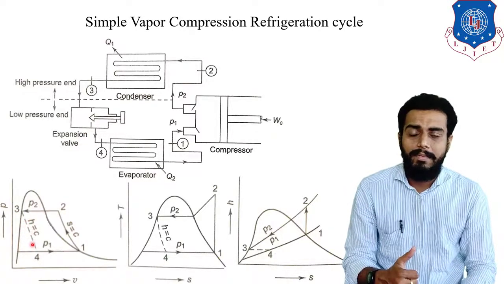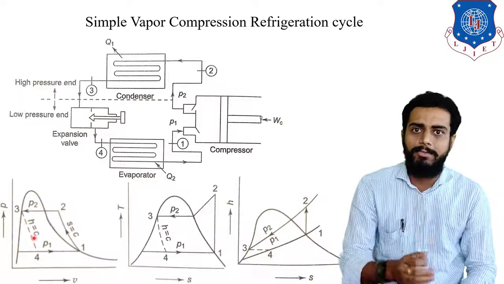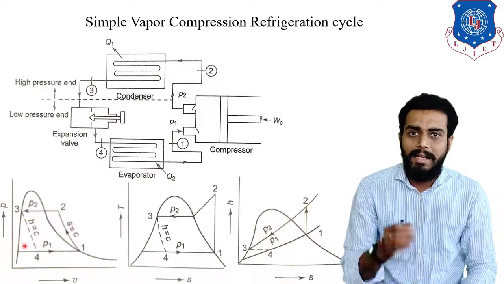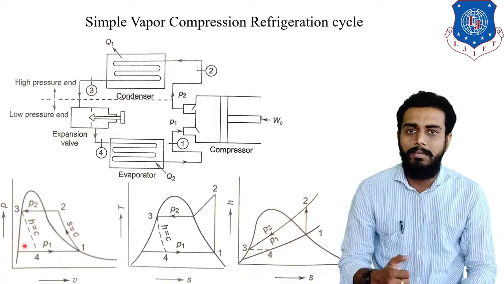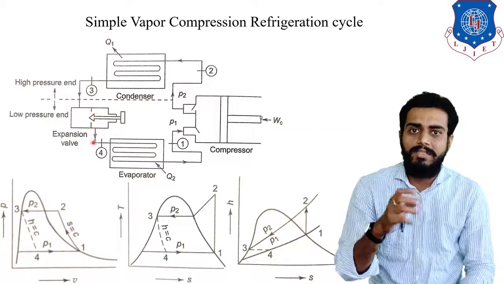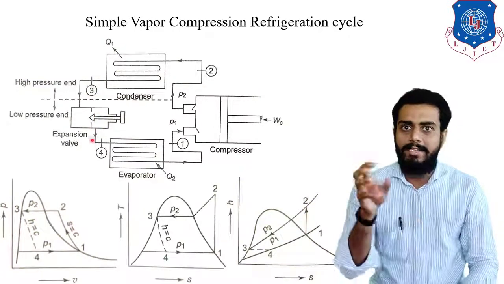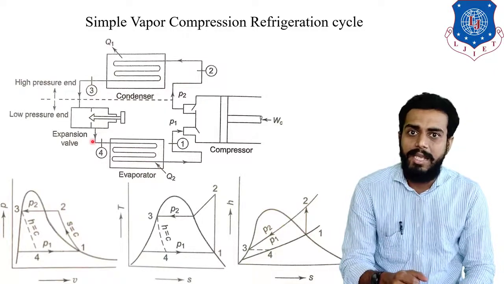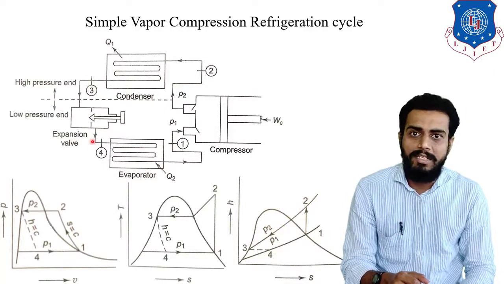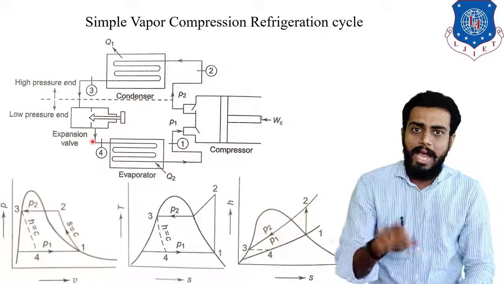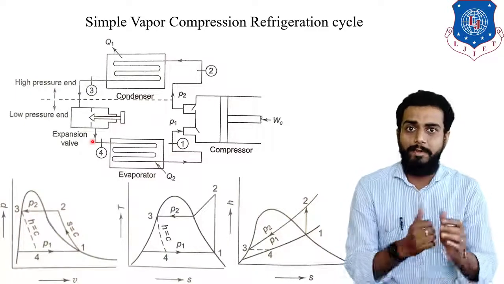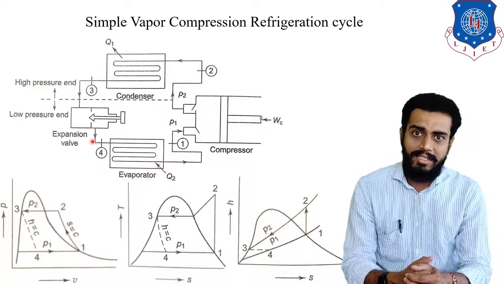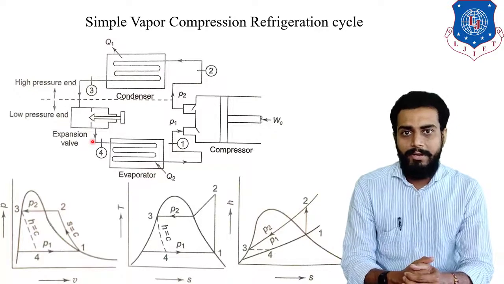Because why? Let me explain it with simple numbers. Let us say at the outlet of the expansion device, the pressure is 0.5 bar, and at that 0.5 bar, the saturation temperature is, let us say, 15 degrees Celsius. And the atmospheric temperature is, let us say, 25 degrees Celsius.